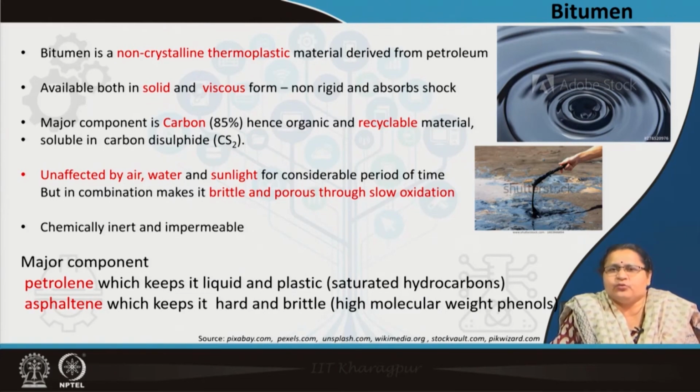So, these two when mixed in different proportions, you may get different consistencies. So, when you are extracting bitumen, if you know the petroleum and the asphaltene, you will understand how much viscous it will be or how much solid it will be.